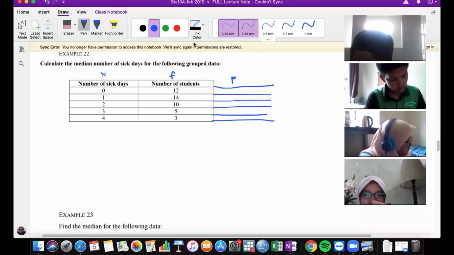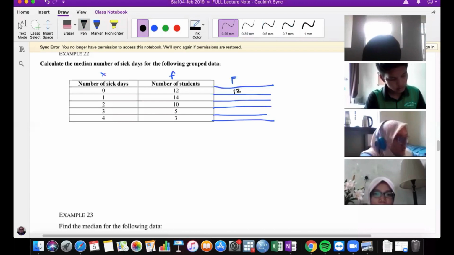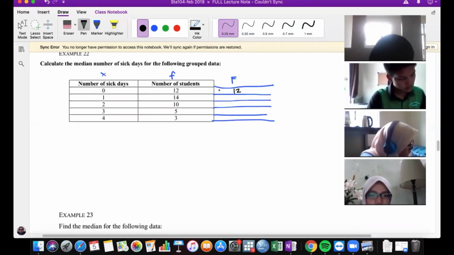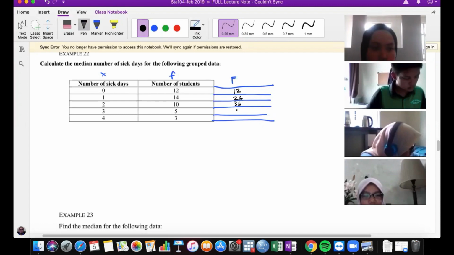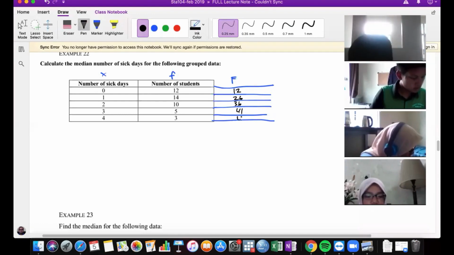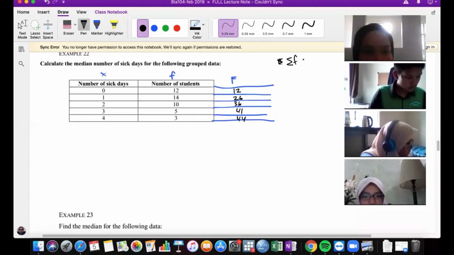So this one should be 0 plus 12 is equal to 12. 12 plus 14, this one should be equal to 26, 36, and this is 41 and 44. So we know that the summation of F is equal to 44, right?